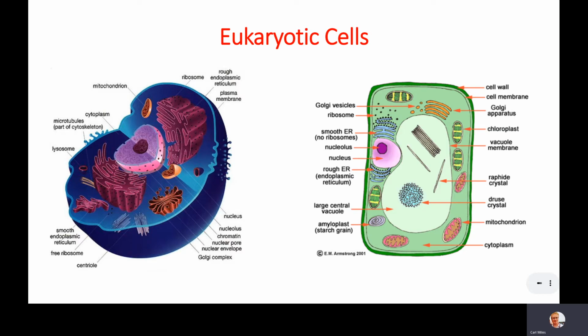Instead, if we look at certain features on the diagram on the right-hand side, such as the cell wall, which gives structure, chloroplasts, which are used in photosynthesis, starch grains and a vacuole, then we can quite quickly suggest that the diagram on the right-hand side is a plant cell and the one on the left-hand side is an animal cell. But both are eukaryotic.